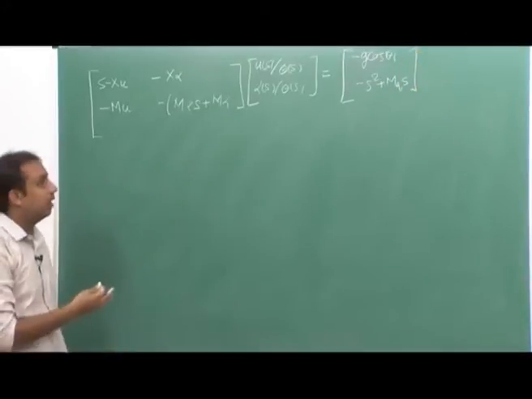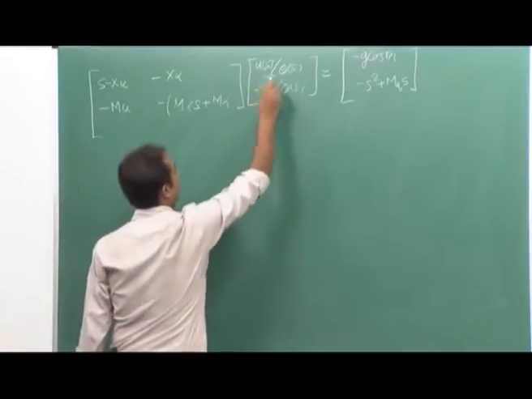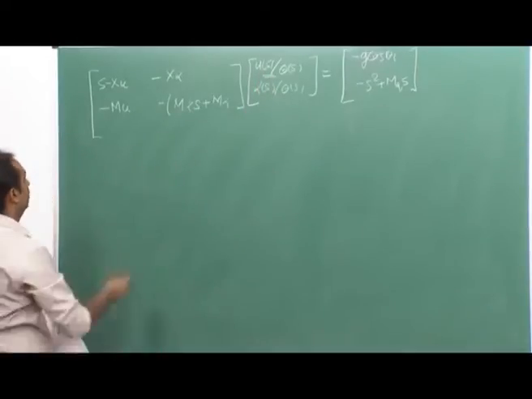Now, the best way to derive the relationship between u of s and theta of s is using Cramer's rule.